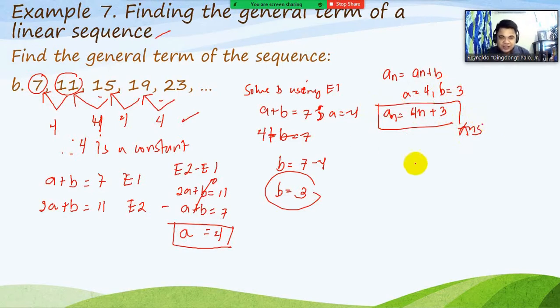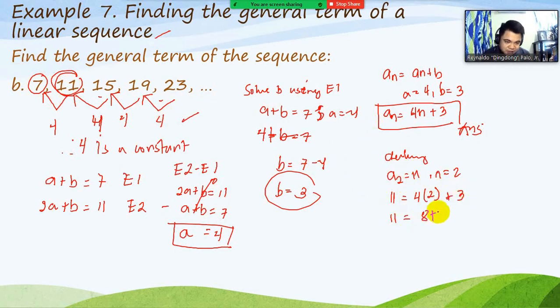Let's check using the second term, 11. So a sub 2 is 11 and of course n is 2. Then substitute to the general equation: a sub n is 11 equals 4 times the value of n, which is 2, plus 3. 4 times 2 is 8 plus 3.